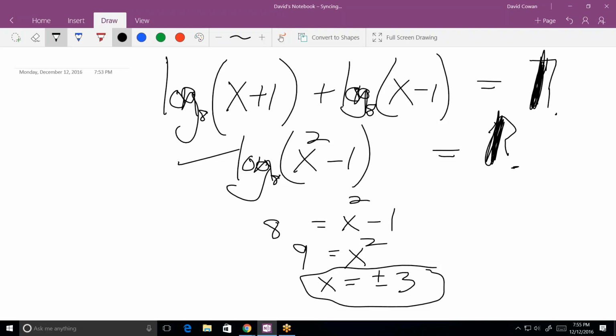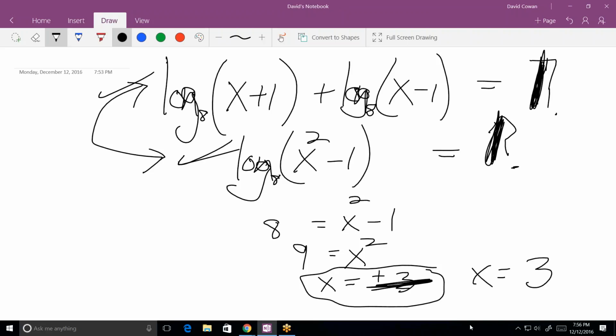So it's possible to violate the original domain, eliminating the minus 3 as an answer, and yet if you thought you might take a shortcut and test that one, thinking that these two are exactly the same, they actually are not. They're almost the same. They're the same in every respect except domain considerations. And that's why you always have to go back to the original. So the answer is +3 only.